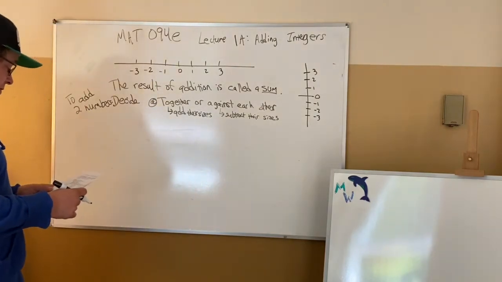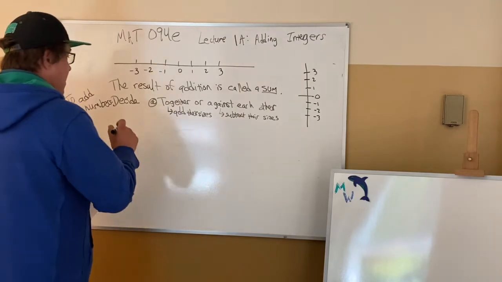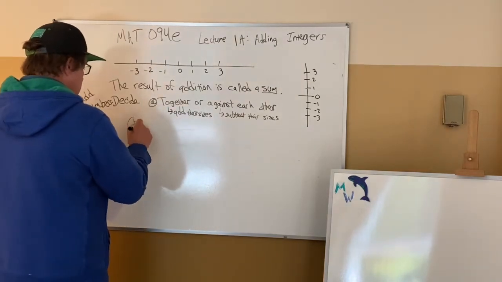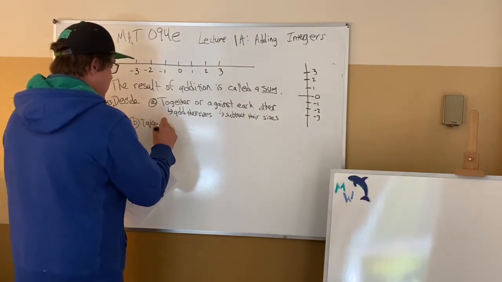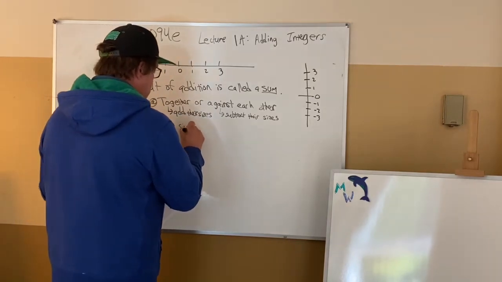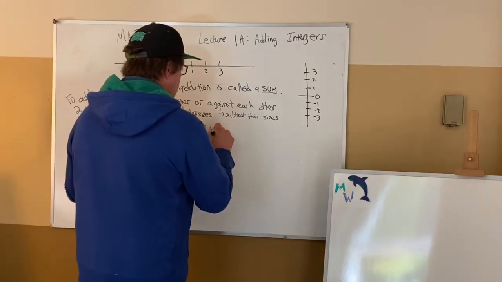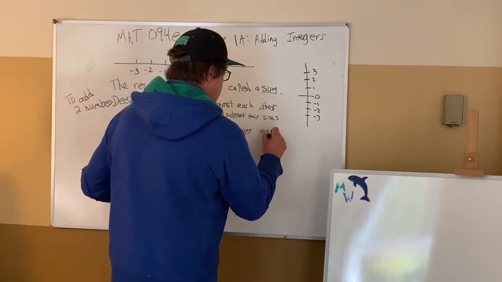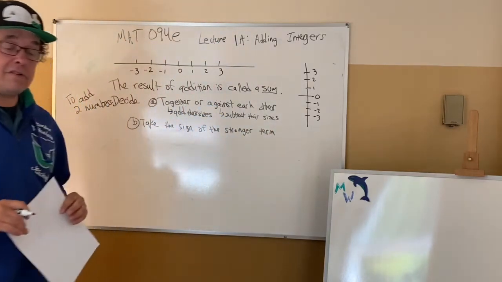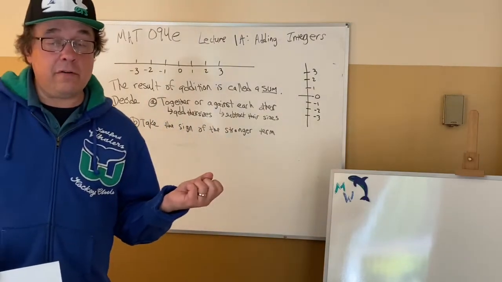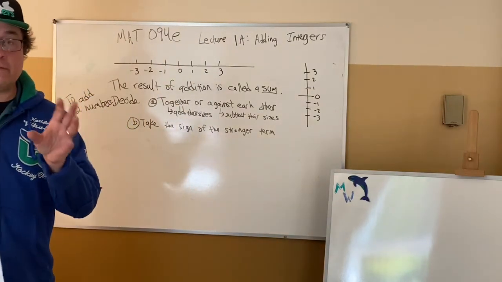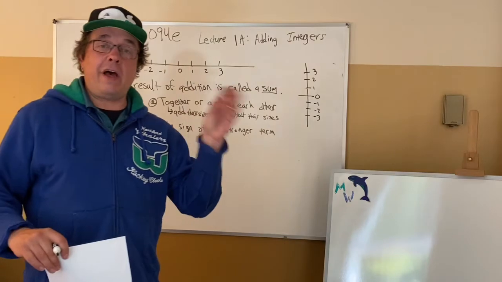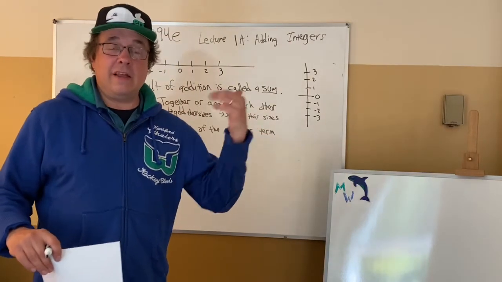So what I want to do is find that, and then B, we want to take the sign of the stronger term. And that will be the sign of our sum. When they work together, the stronger one will have the sign that they both have, and they'll go that far bigger in that direction.